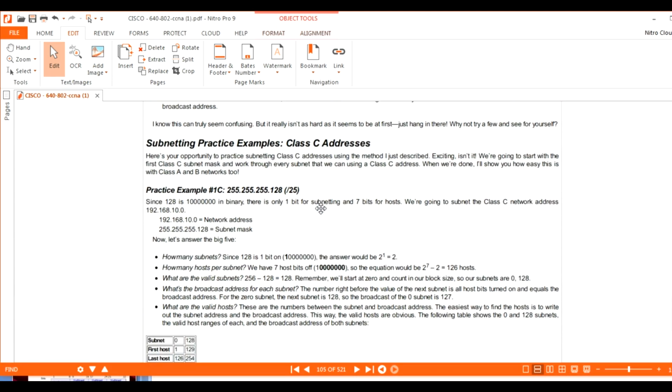Dear friends, here you see one simple example of subnetting. Let us take the IP address 192.168.5.2.